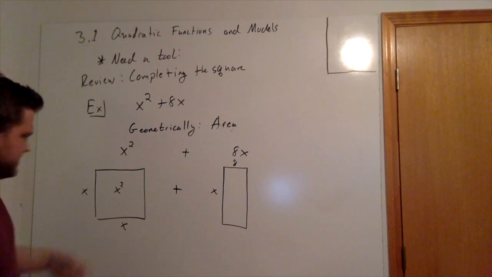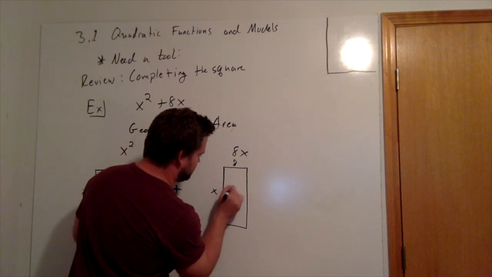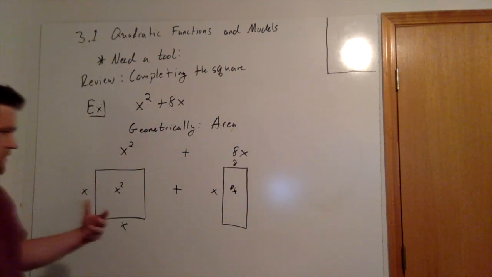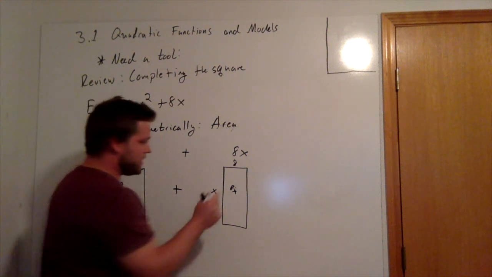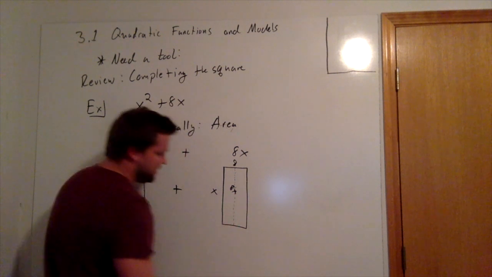So what I'm going to do is cut up these areas. This area here will be 8x. I'm going to cut these pieces up and slap them together. Specifically, let's cut this 8x box into two pieces.